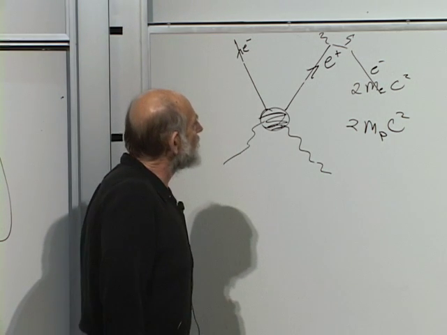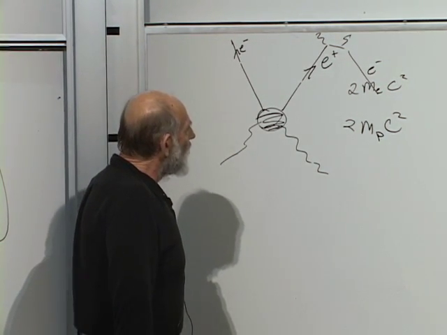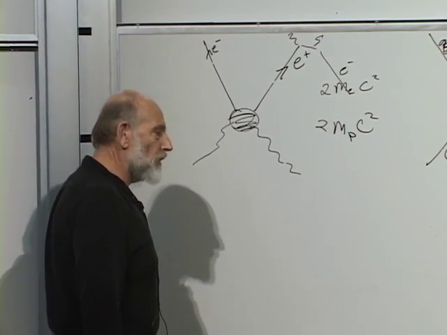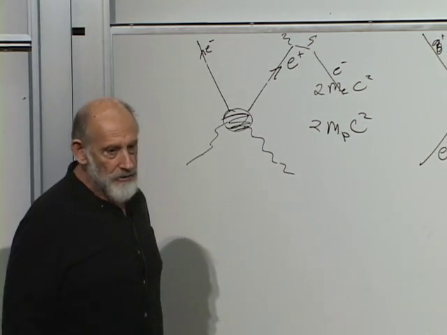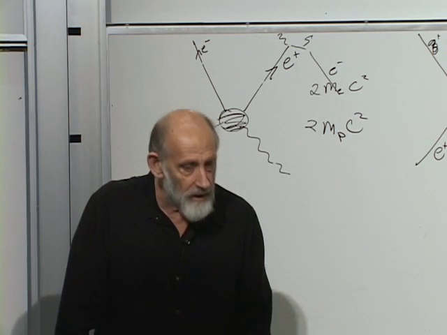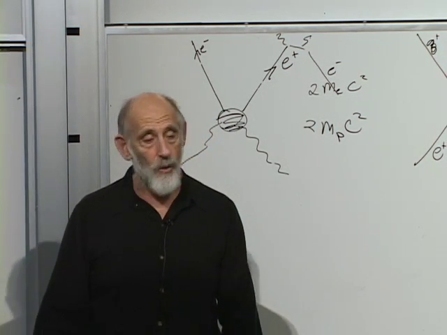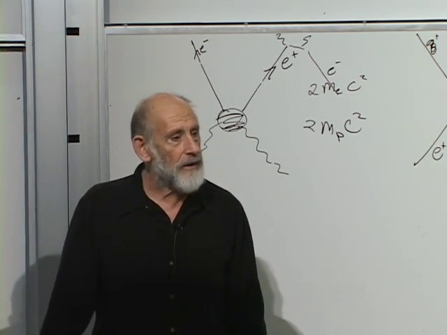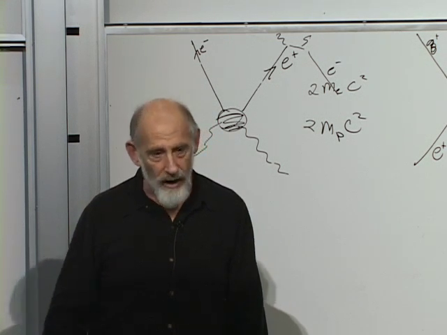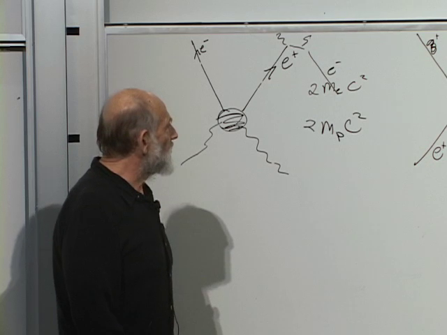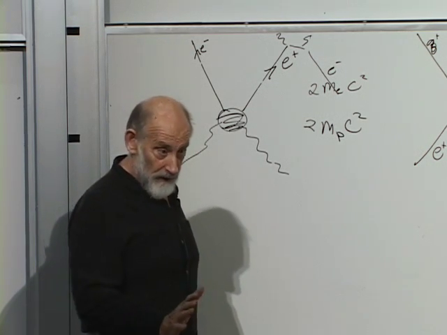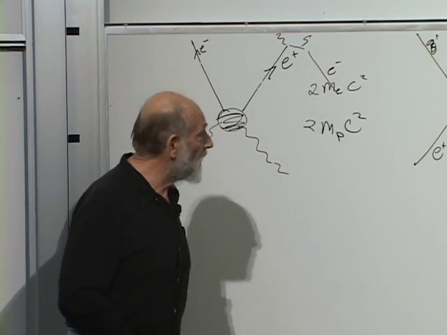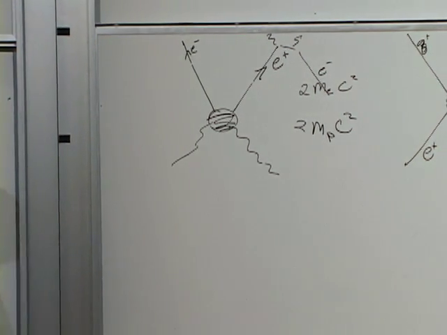And at that time, the number of electrons and positrons was about the same as each other. The number of quarks and antiquarks were about the same as each other. And there was not only charge neutrality, but now I'm telling you empirical facts. This is not obvious, but I'm going to tell you what the empirical fact is.